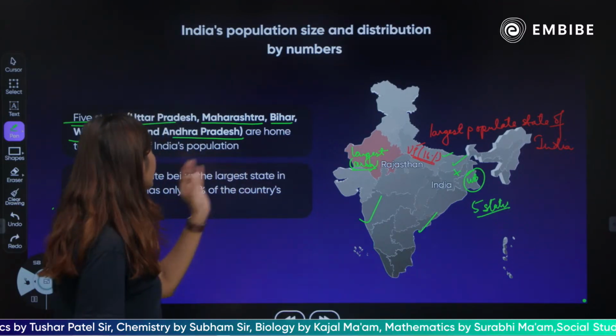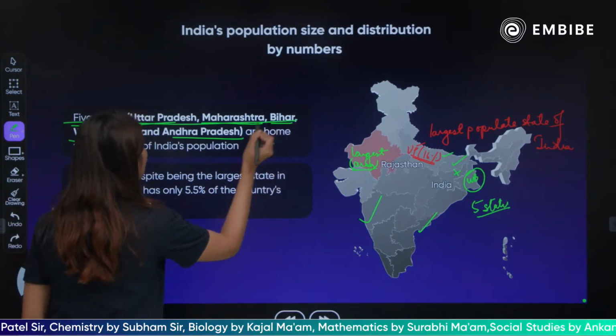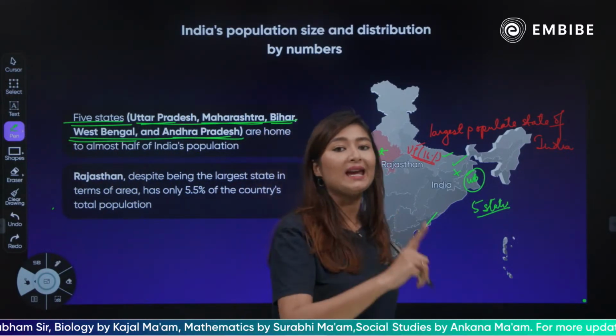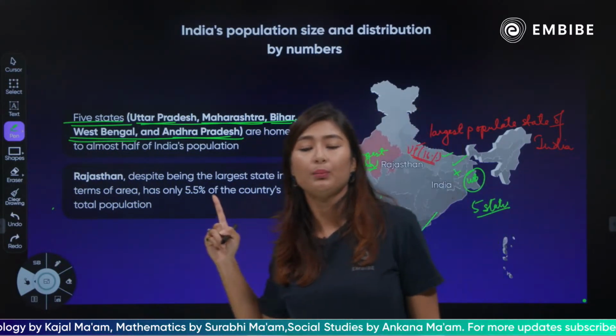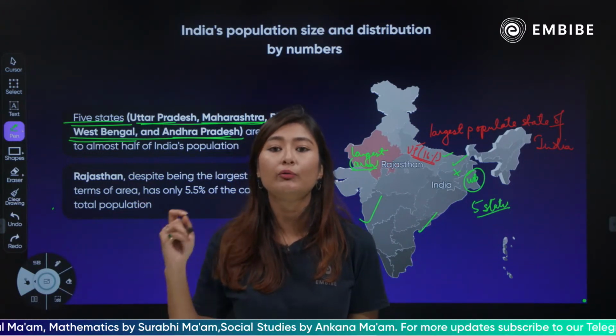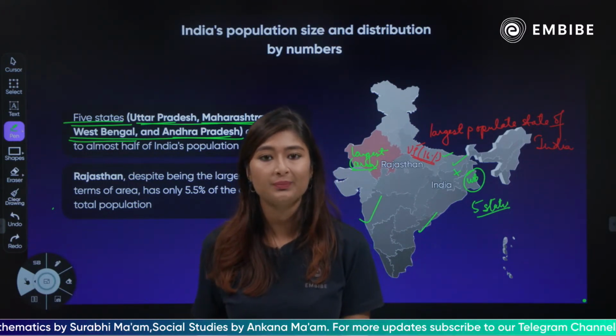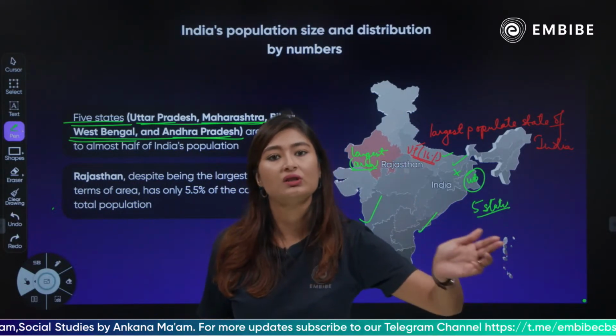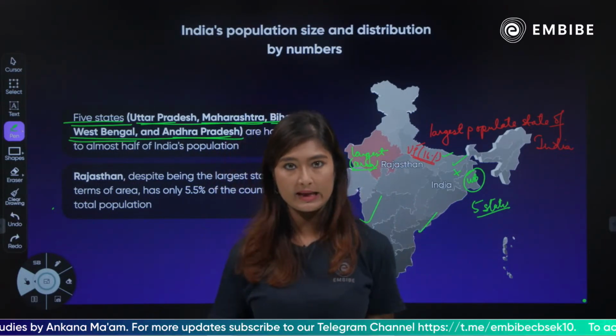Despite that, it doesn't come in the top 5 highest populated states in India. So area may not necessarily be proportional or related to the number of people staying there. ठीक है? Priyanshi will be discussing the reason why some areas have high population, some areas have low population. We'll discuss that. ठीक है?